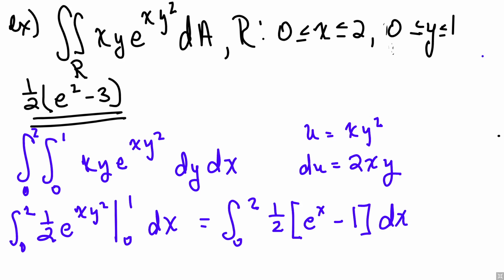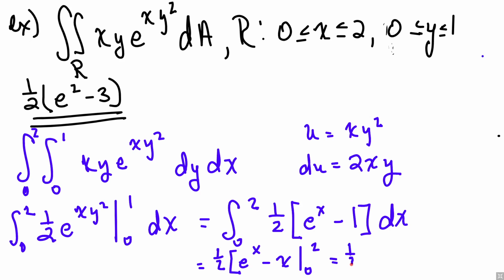Okay. And now what I'm going to do is integrate this with respect to x. So if I do that, I'm going to bring out the 1/2. The antiderivative of the first term is e to the x. The antiderivative of 1 is x. I'm going to evaluate from 0 to 2.